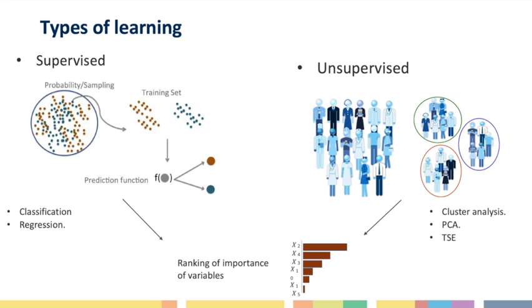On the other side, in unsupervised models, we don't have that interest weight. They all have the same importance. Sometimes you want to seek the relationship that could exist between the variables. In unsupervised models, we have cluster analysis. So between a group of individuals, we have to identify which of them are more similar, and then we have to build groups so that they are as similar as possible between each other.